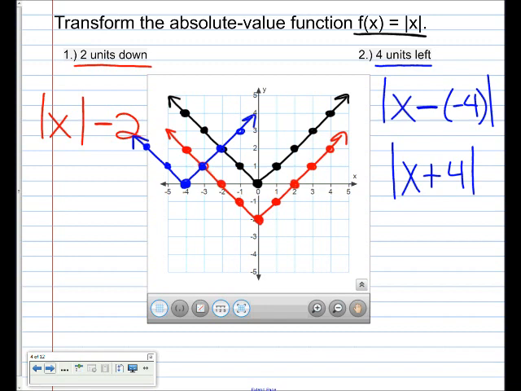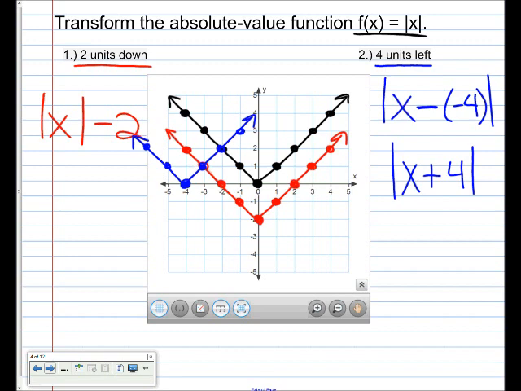Okay? So on your paper right now, you should write down this phrase: think opposite for inside absolute value. Because if you do this problem, I just told you to do this problem, what do you think students write for the answer for 4 units left?